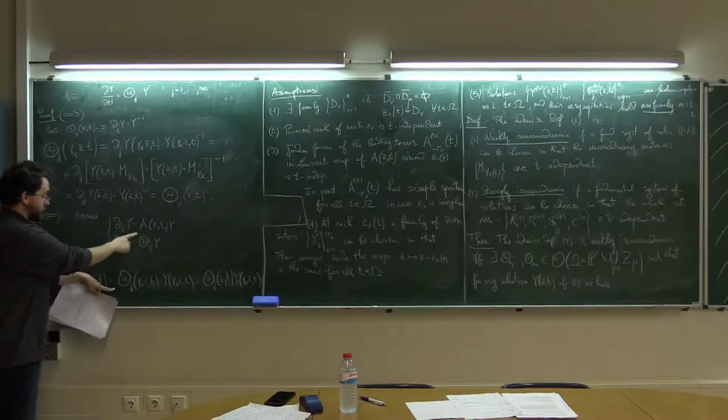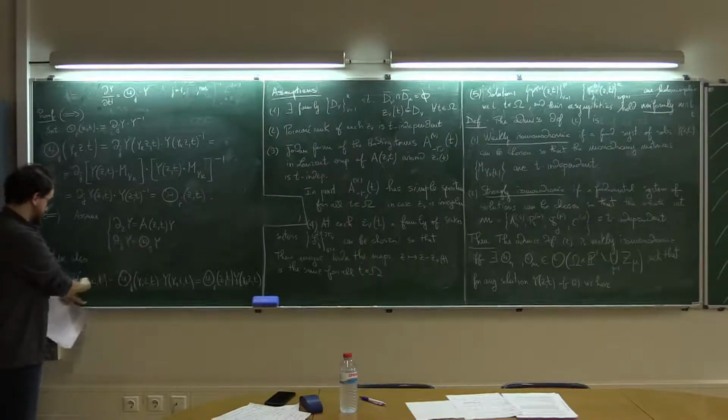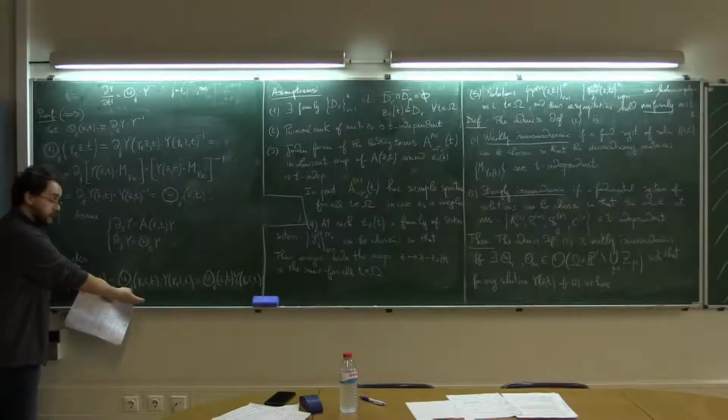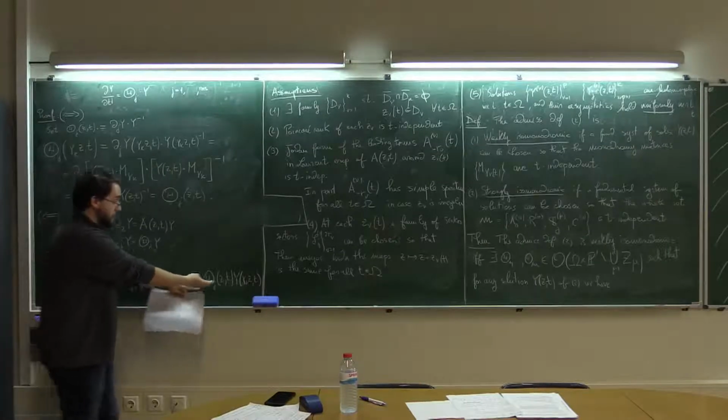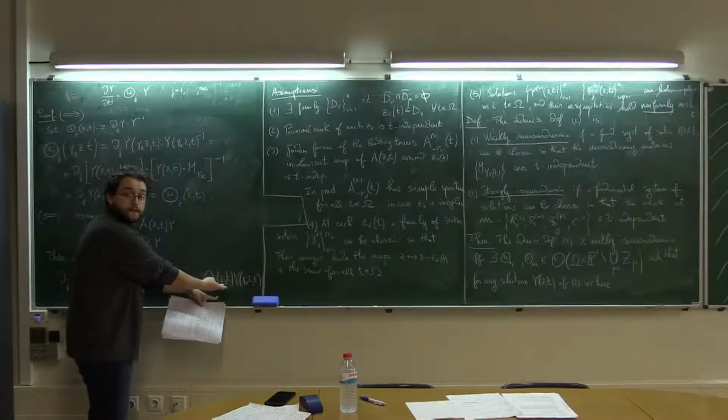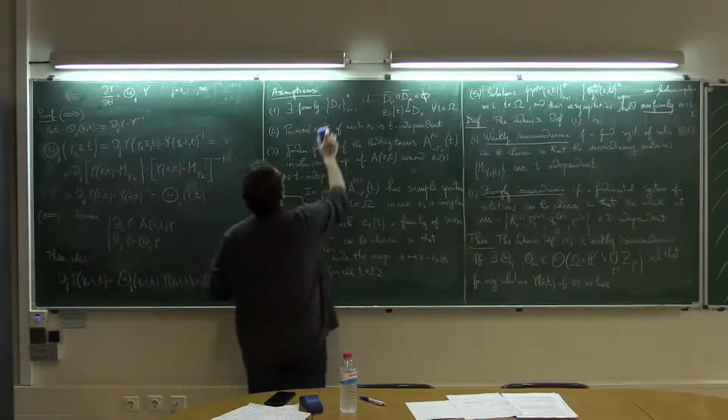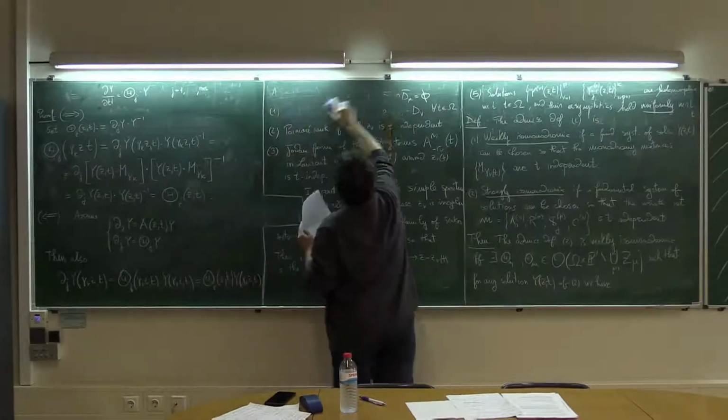This identity holds true identically in z, so this must be equal to that, but by assumption this is holomorphic, so here I can delete this gamma nu. It is single valued.